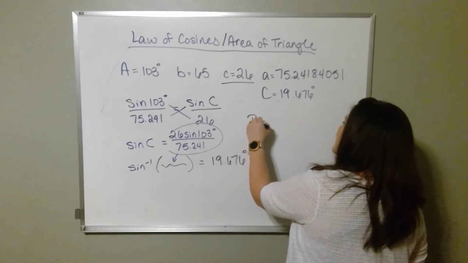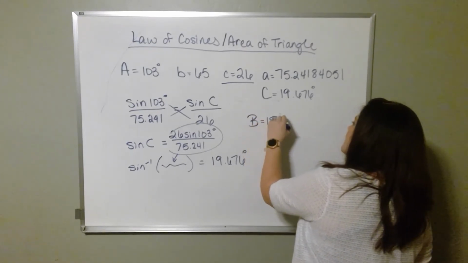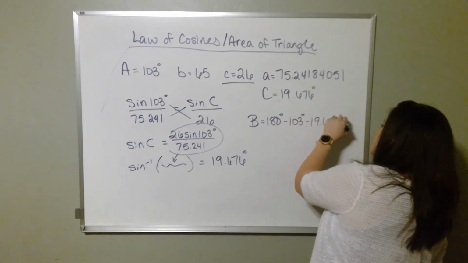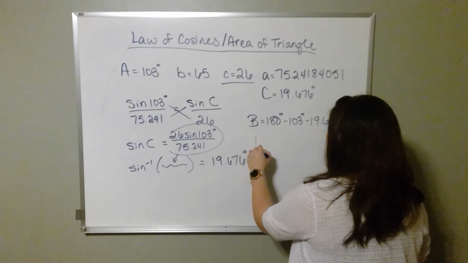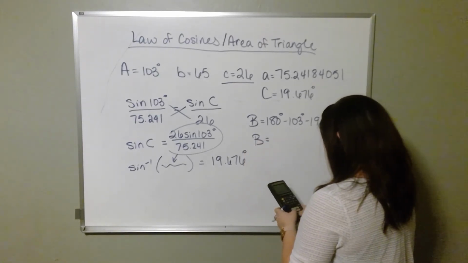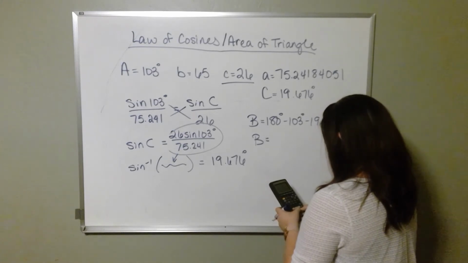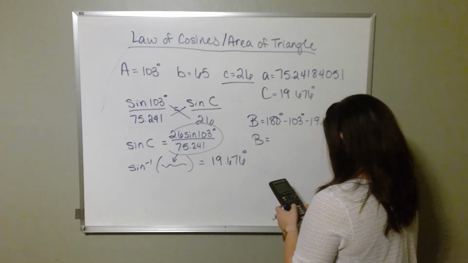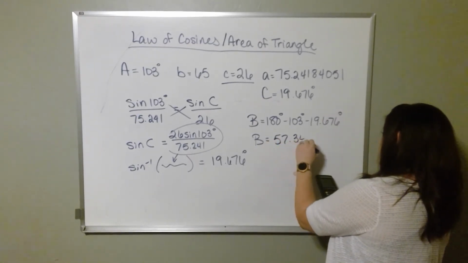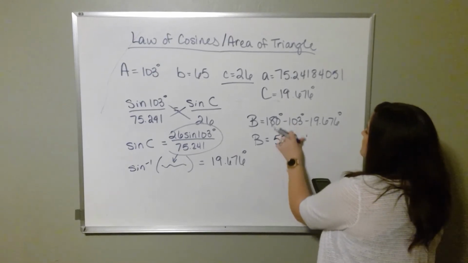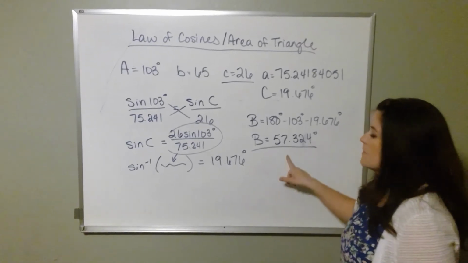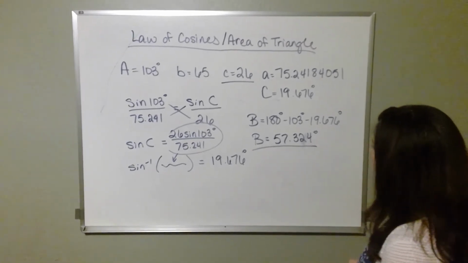So to find angle B, I'm looking at 180 minus 103 minus 19.676, and that continues. So let's see what I get. So what's left for angle B? 324. So there's my last piece of information for this triangle.